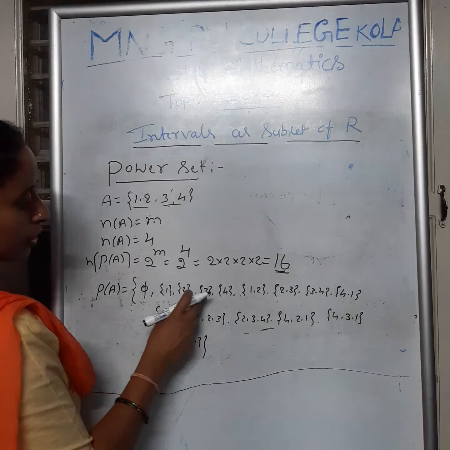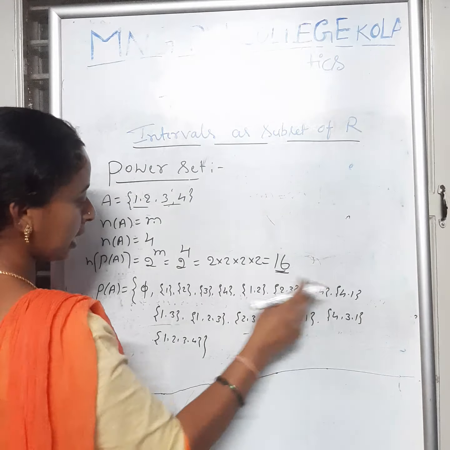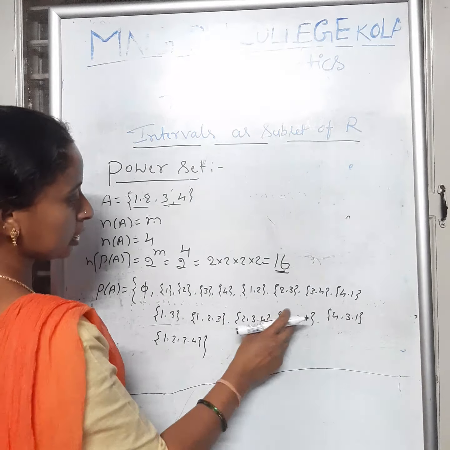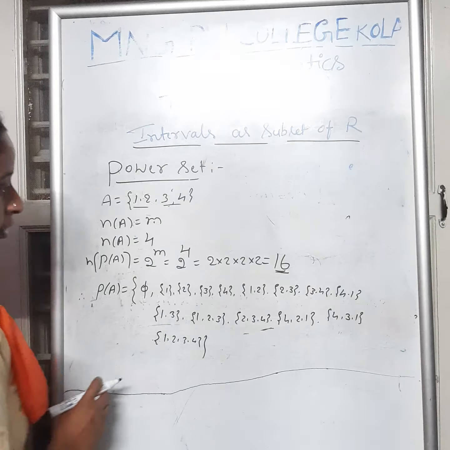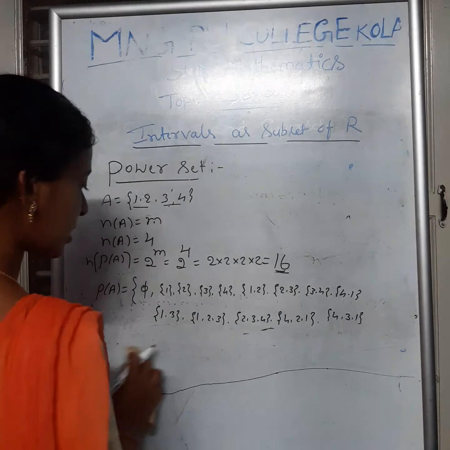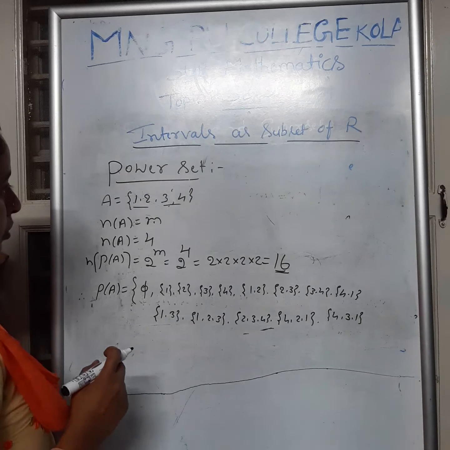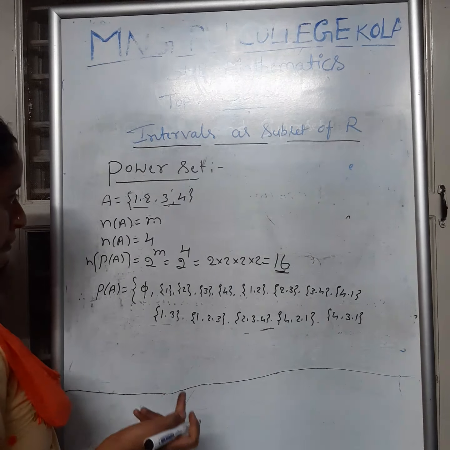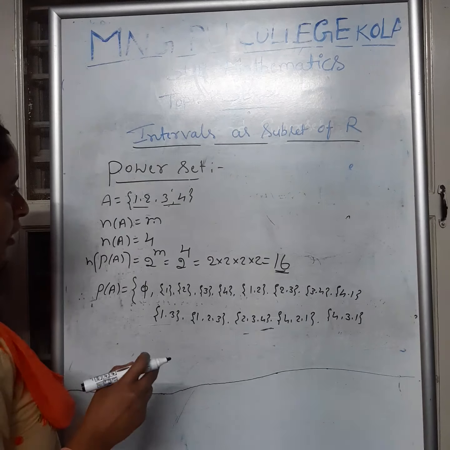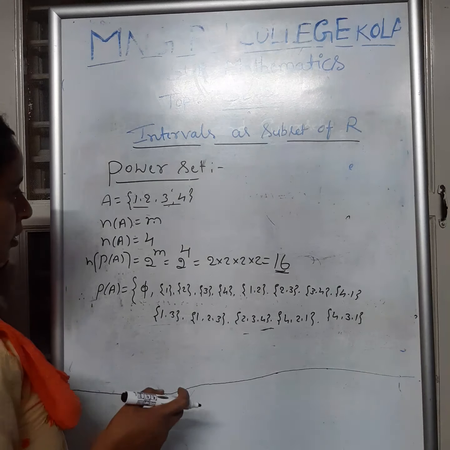So 1, 2, 3, 4, 5, 6, 7, 8, 9, 10, 11, 12, 13, 14, 15. Where did we miss one? Again, another set. 1, 2, 1, 3, 1, 4, 2, 1, 2, 3.